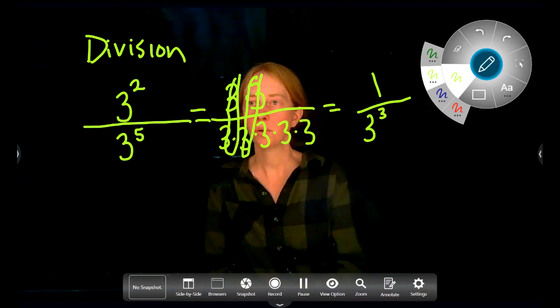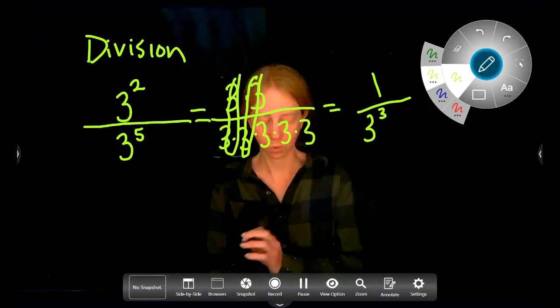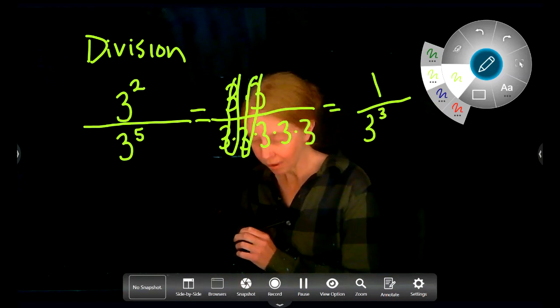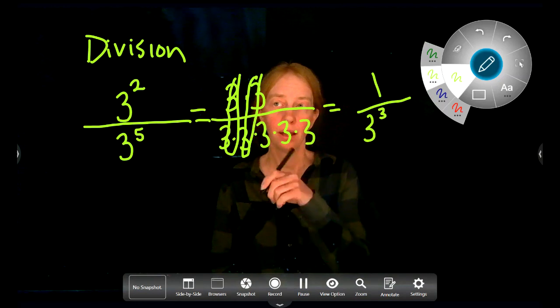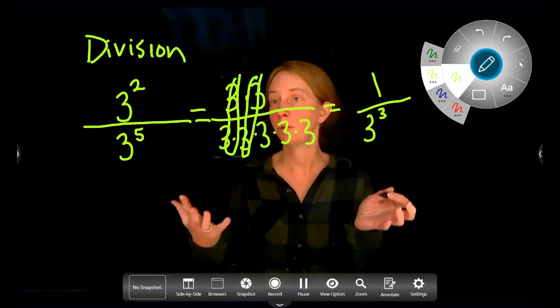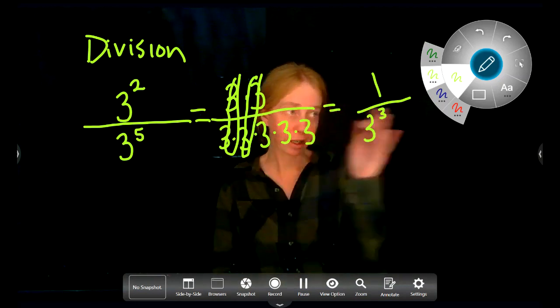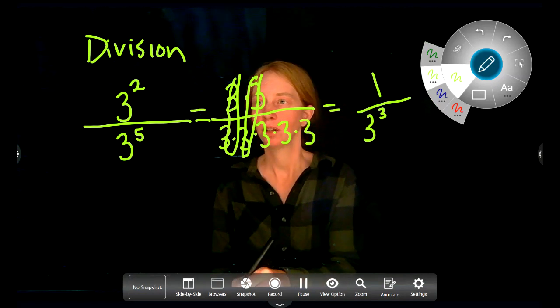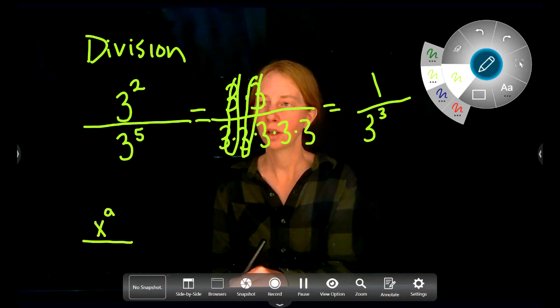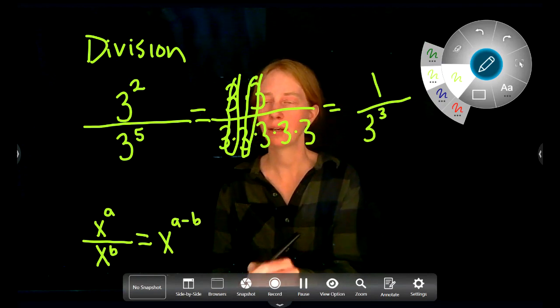So let me show you the general rule. Kind of regret that I did it quite this way, but you're going to get a bonus lesson that we'll get back to later. Okay, so the general rule is when you have x to the a over x to the b, it equals x to the a minus b.